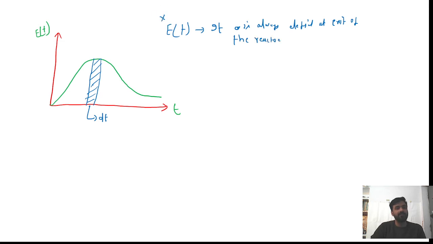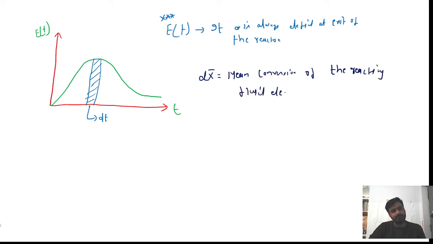Second thing is that I have already told you, in this model the mixing will take place at the latest position, so that will be at the exit itself. Okay, so can we calculate the mean conversion, that is X bar, the mean conversion of the reacting fluid elements that spent time inside the reactor?